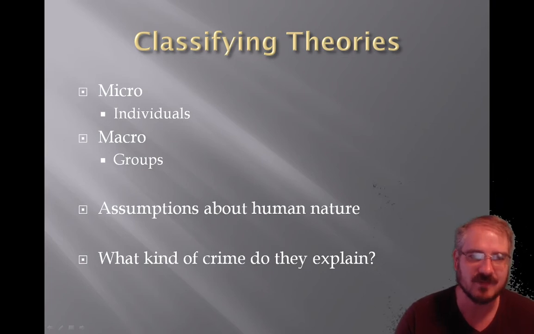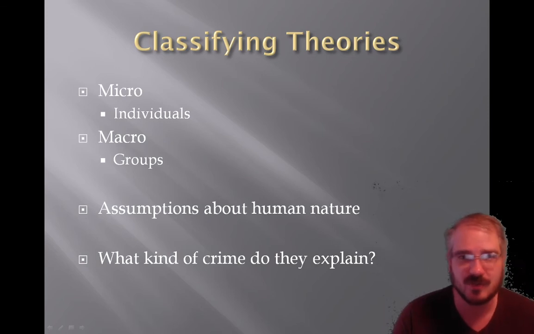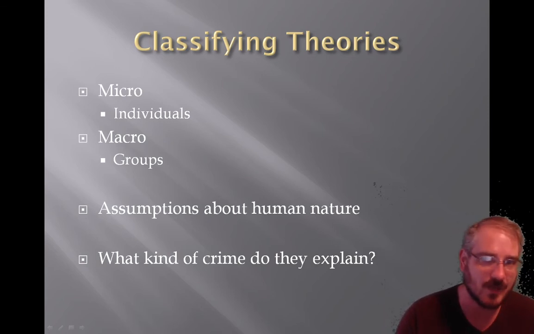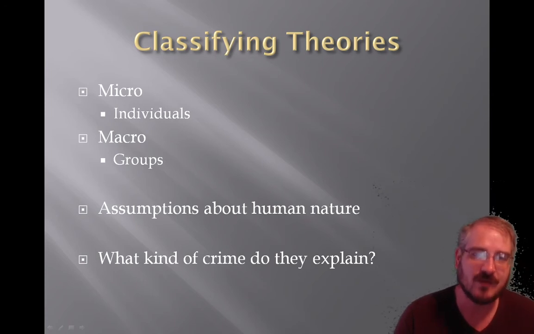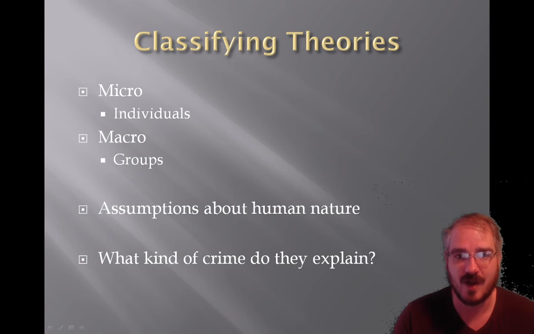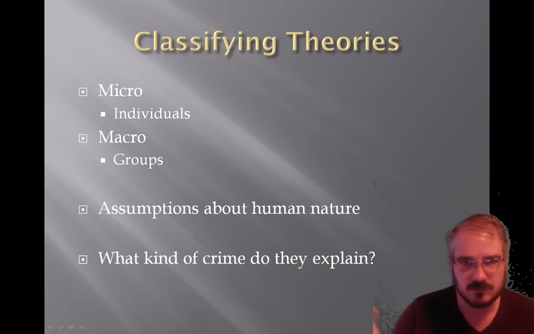First way to talk about it is micro versus macro, right? These are pretty common prefixes for lots of words. Like if you're a college student, I'm sure you probably know the difference between microeconomics and macroeconomics, right? Well, in this case, we're talking about micro theories and macro theories in regards to crime. So a micro theory would explain why Bob Smith committed some crime.